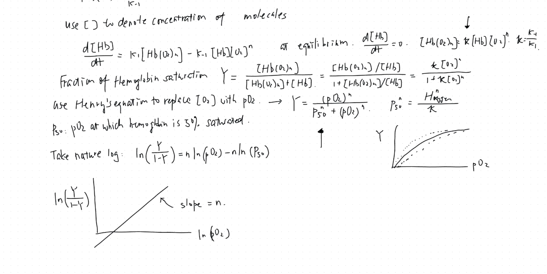So you need to get different dots, and then just fit your linear line, and then you get what is n. N we call Hill's cooperative number. So this is a linear relation.